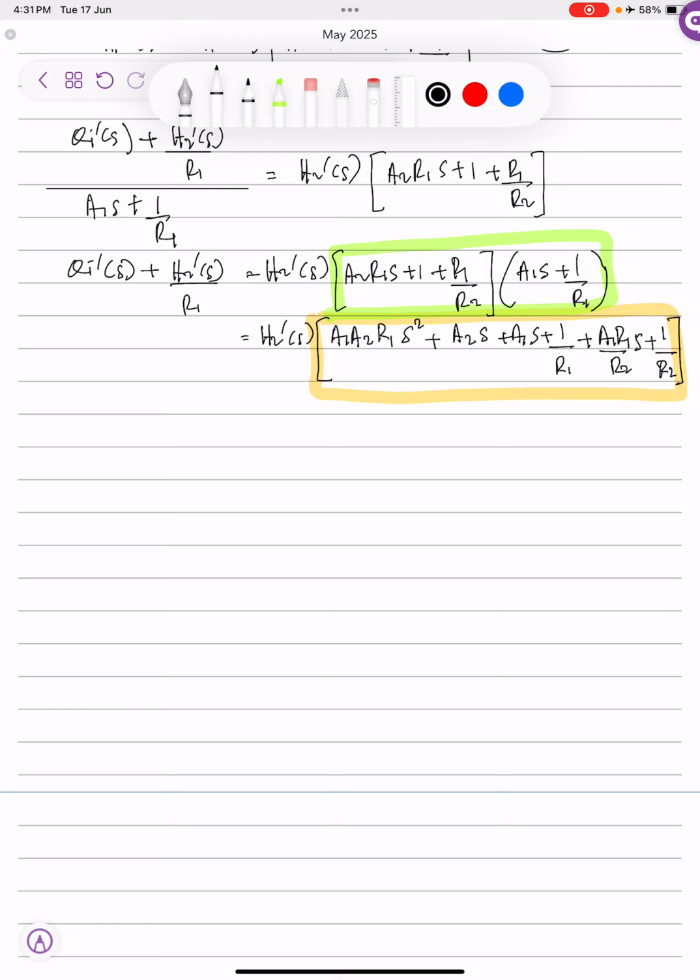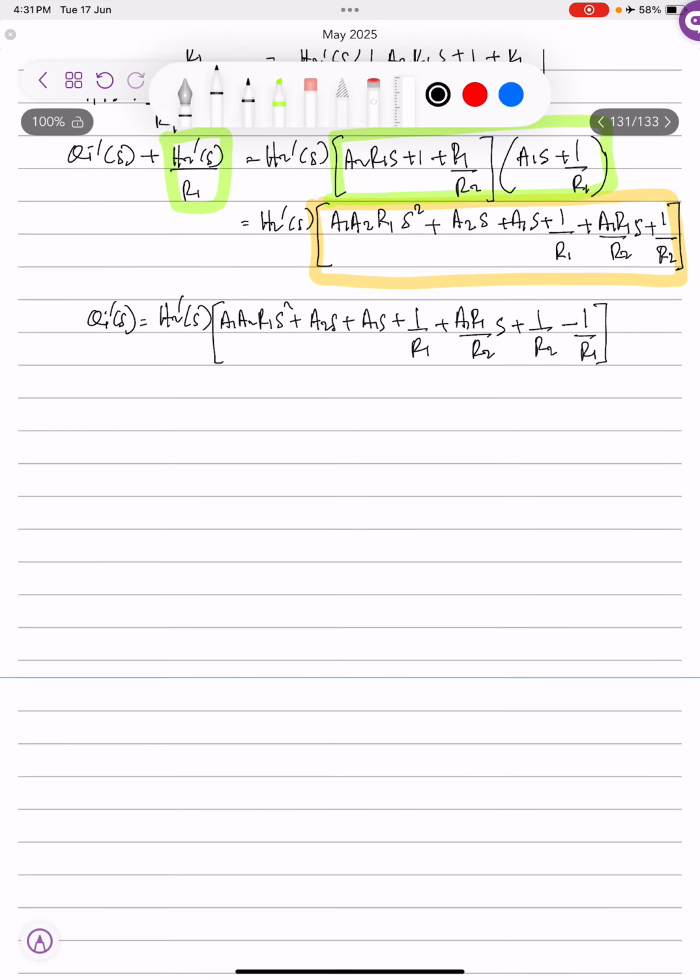Make sure it is correct, and then what next? We have one H2'(s) here, so bring it to the right hand side as well, so that we have only Qi'(s) on the left hand side and all the H2'(s) on one side. Then I write back everything: A2 s plus A1 s plus A1 R1/R2 s plus, minus 1/R1 from the left hand side.